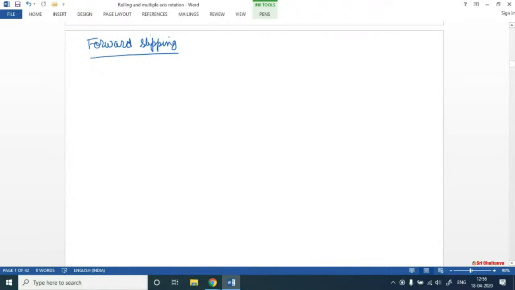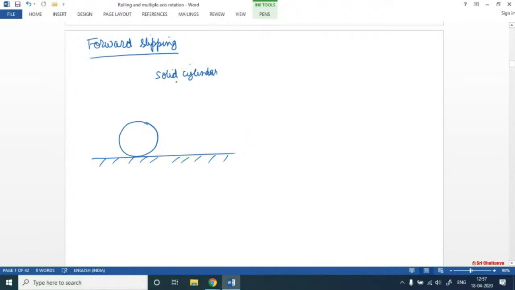Okay, so say this is some rough horizontal surface, and let's take this as a solid cylinder.